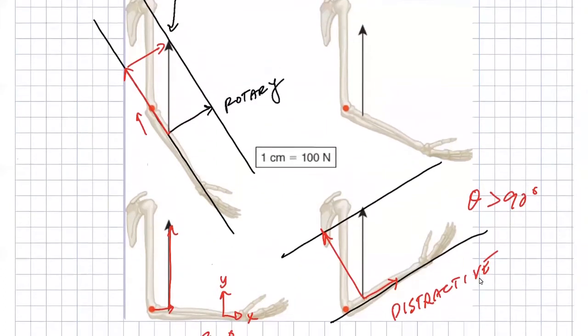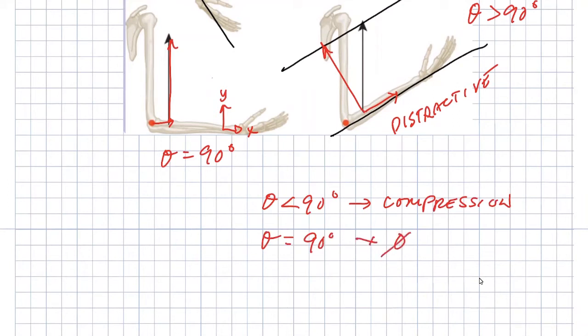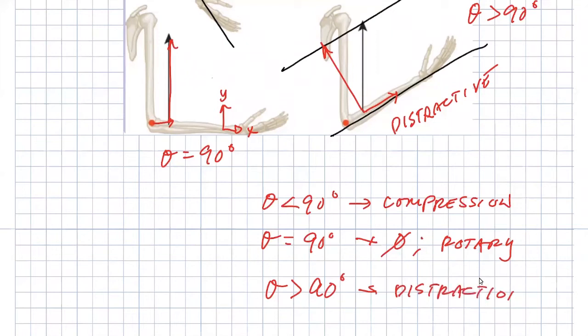Okay, so write this down. At less than 90 degrees, we get compression. At 90 degrees, zero distraction or compression. It is all rotary, all rotation, all right? And then at greater than 90 degrees, we get distraction as well.